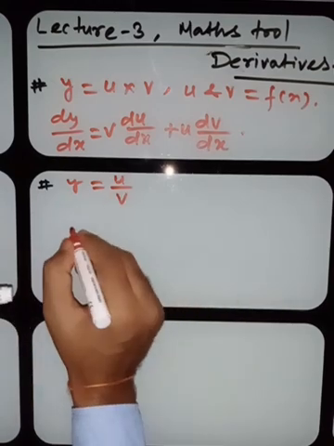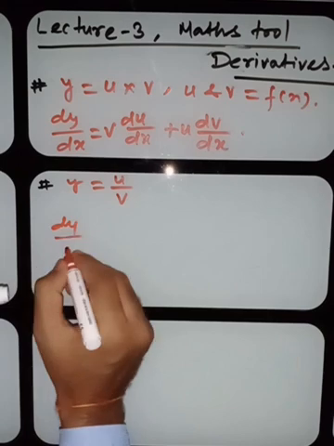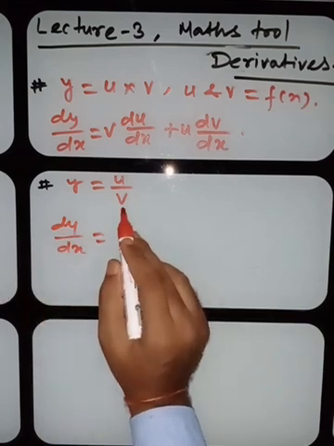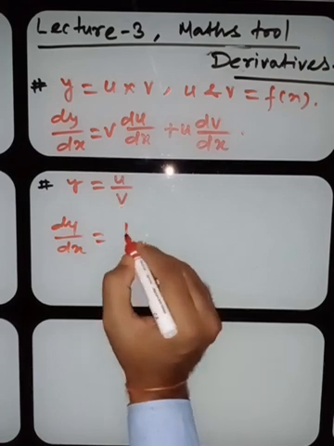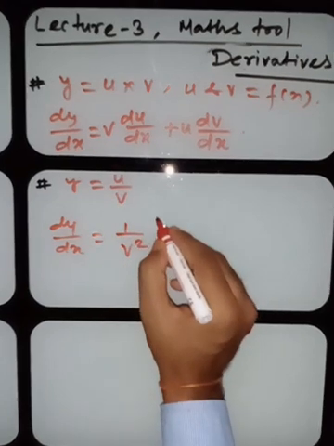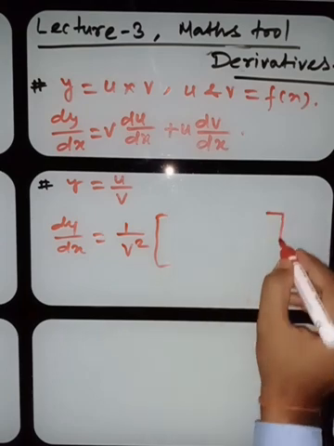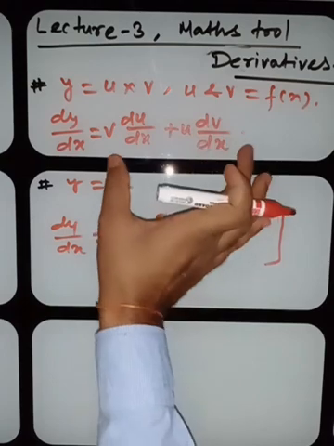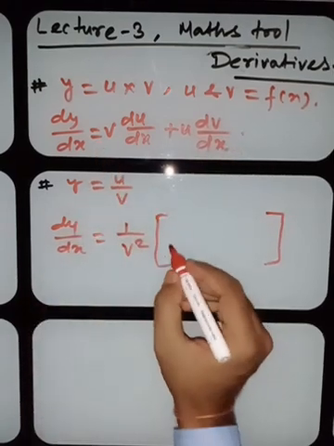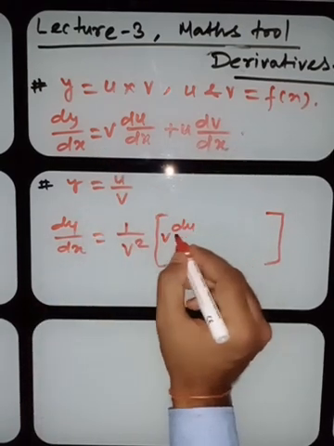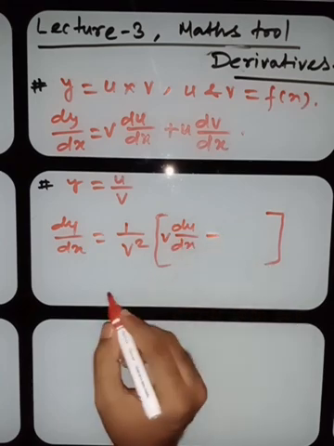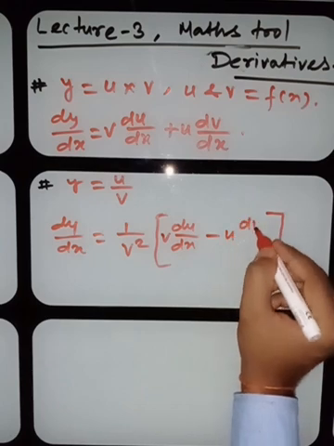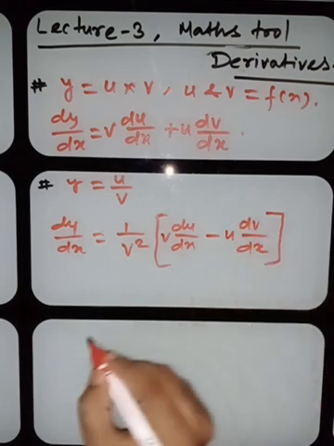Then how will you differentiate? Here dy by dx will be, this is the formula: the denominator is v, so you keep v squared in the denominator. Now you write the same formula by putting a minus only, otherwise all will be the same: v du by dx minus u dv by dx.